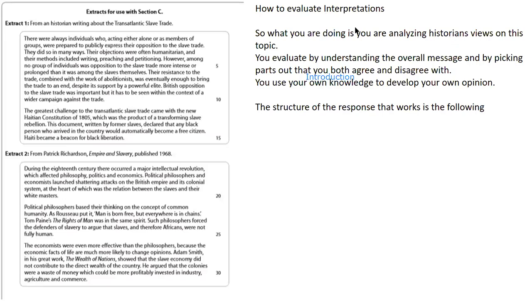It says here in extract 1, this talks about slave rebellion. Extract 2 talks about another factor. It talks about individuals. Now, if the question was asking me to what extent it was slave rebellion that was causing the slave trade to be abolished, I would start with the extract that focuses on the question, not an extract that goes against the question to start off with. So my first bit of advice in terms of this question is always start with the extract that links to the question.